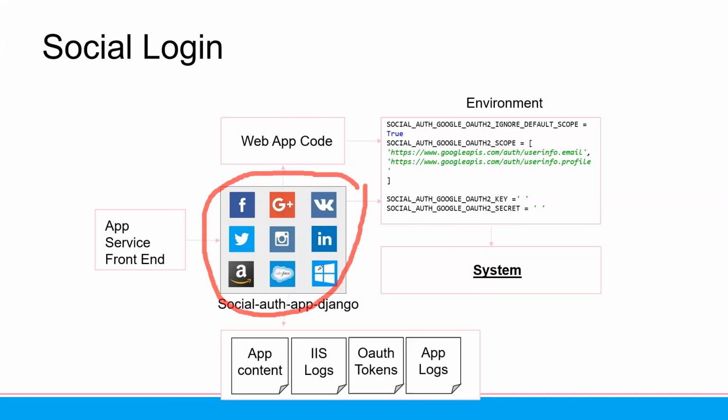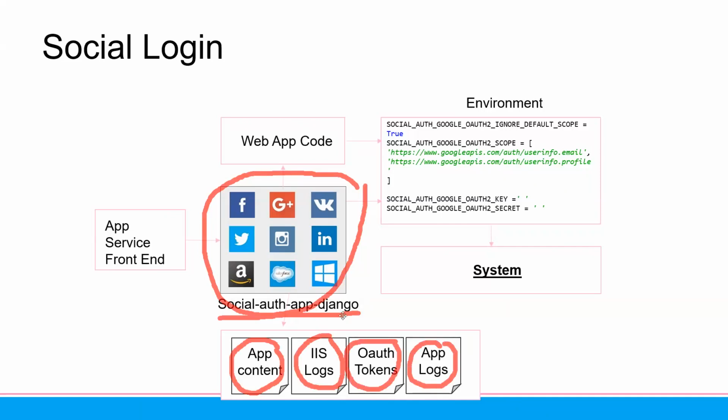We call it the social auth app Django, and it contains the app content, or there are also some other kinds of logs. There can be the authorization tokens, or another kind of app for the log system.